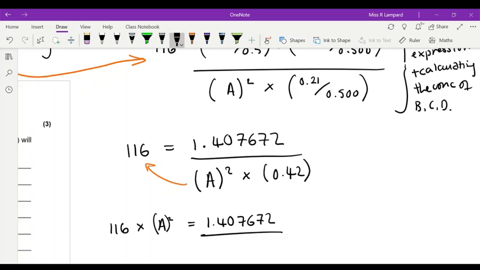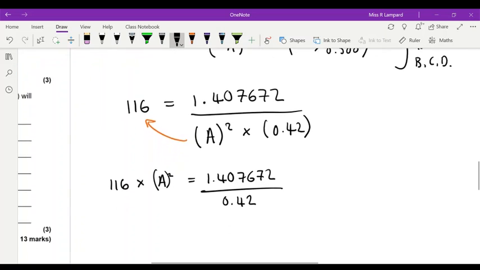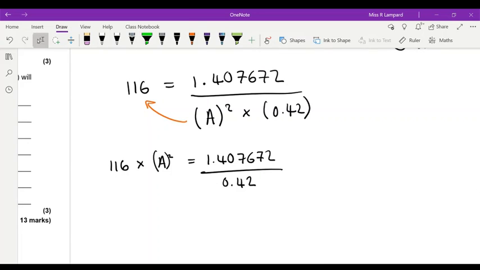Again, being careful that I'm copying the numbers down from the calculator correctly, divided by 0.42, and I worked out that value there. So that gave me 116 times A to the power of 2 is equal to 3.3516.